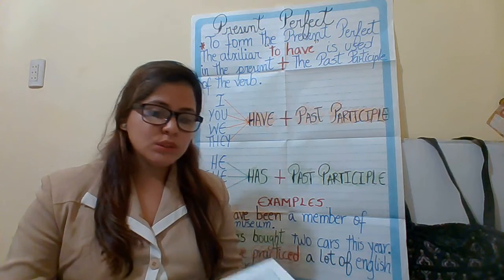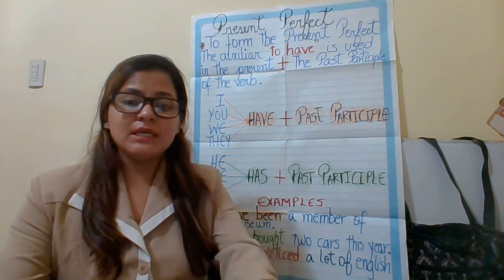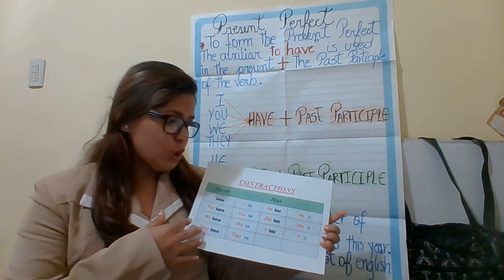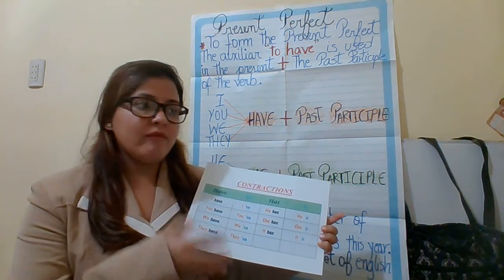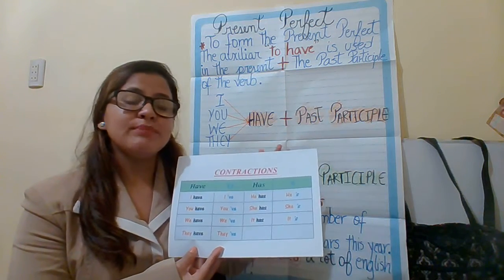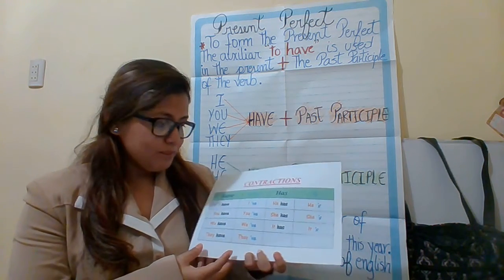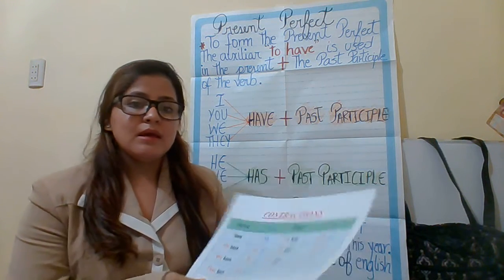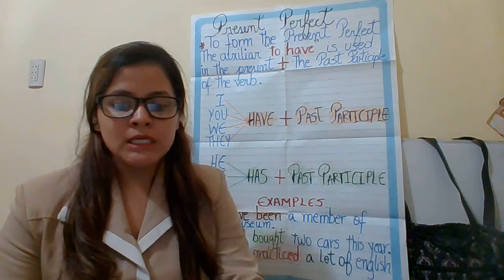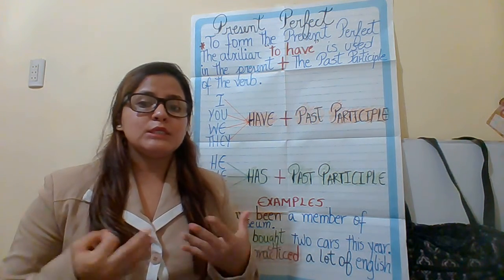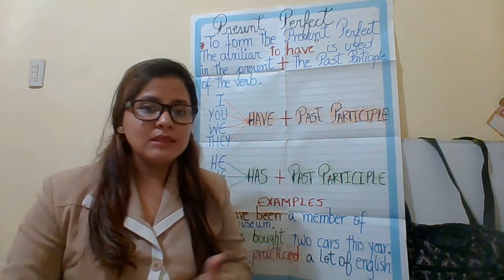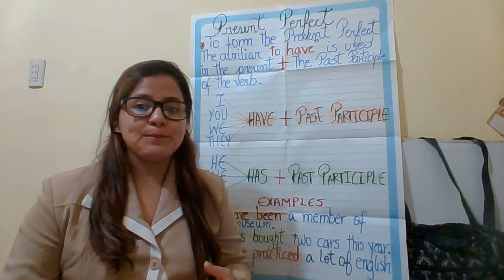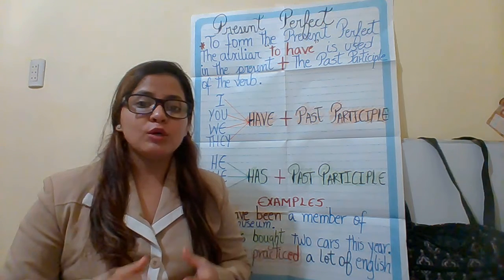For example, we have the flashcard that shows the contracted forms of the present perfect, have and has, and the students relate them to everyday events, and a student can apply the correct sentence.